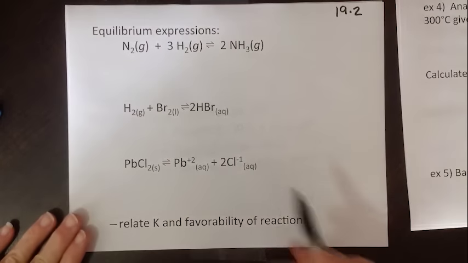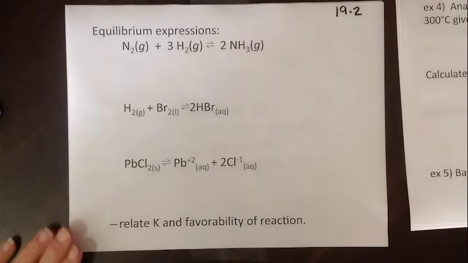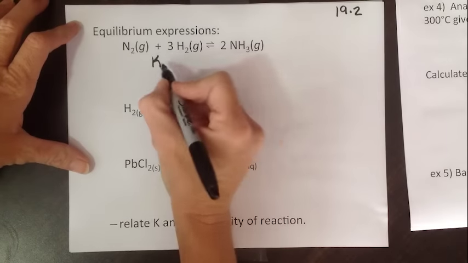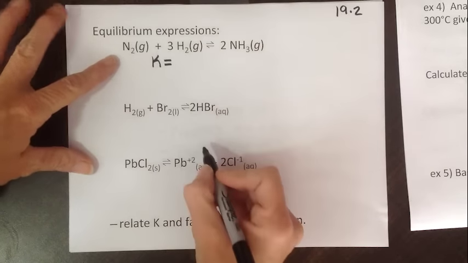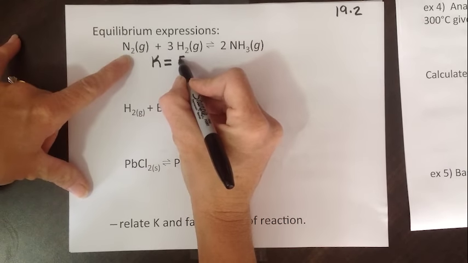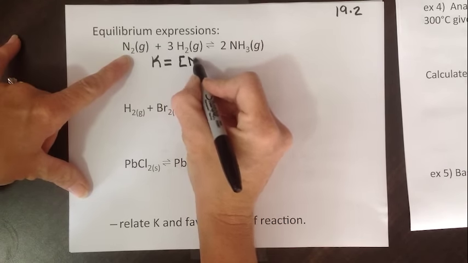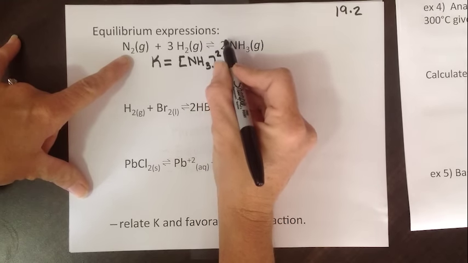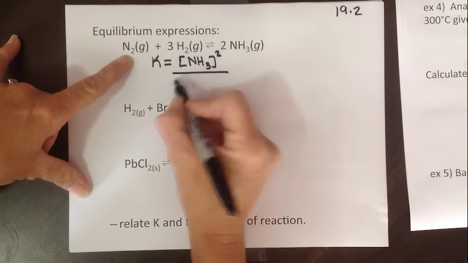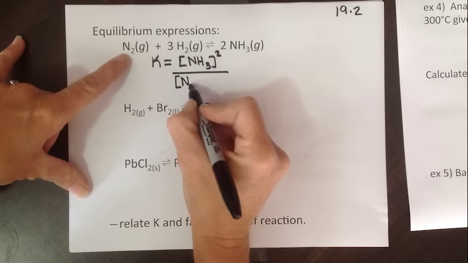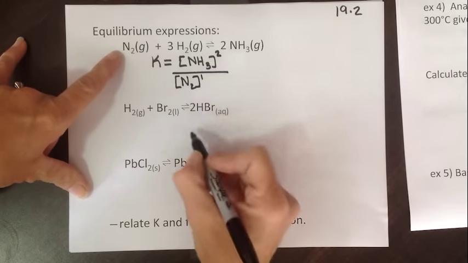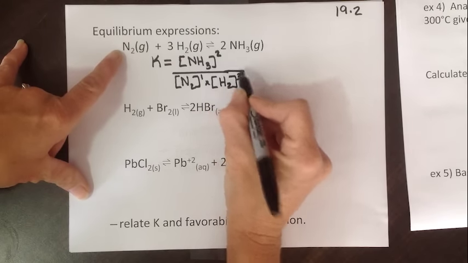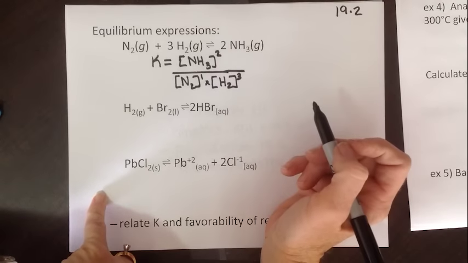You're going to be writing an expression, and we'll use K, and K is going to be the concentration of products raised to the coefficient power over the concentration of reactants raised to the coefficient power, and since there are 2 reactants, we will multiply them, and that's what K equals.